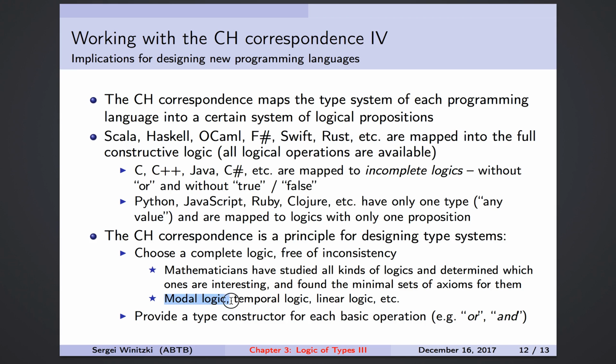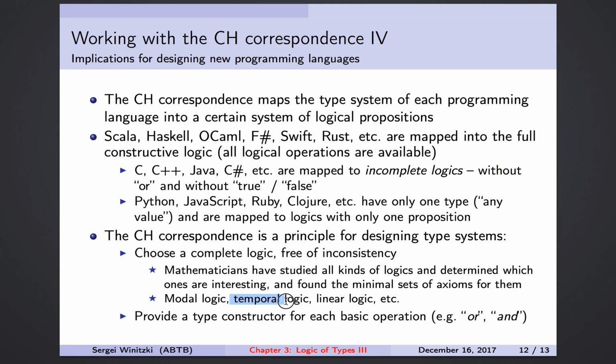They're modal logics, temporal logics, linear logic. There are all kinds of variations on this theme. There are different logics, so choose one of them. The one we have been working with is called intuitionistic propositional logic. Well, this is a very technical term. I prefer to call it constructive logic. But there are also other possible logics.